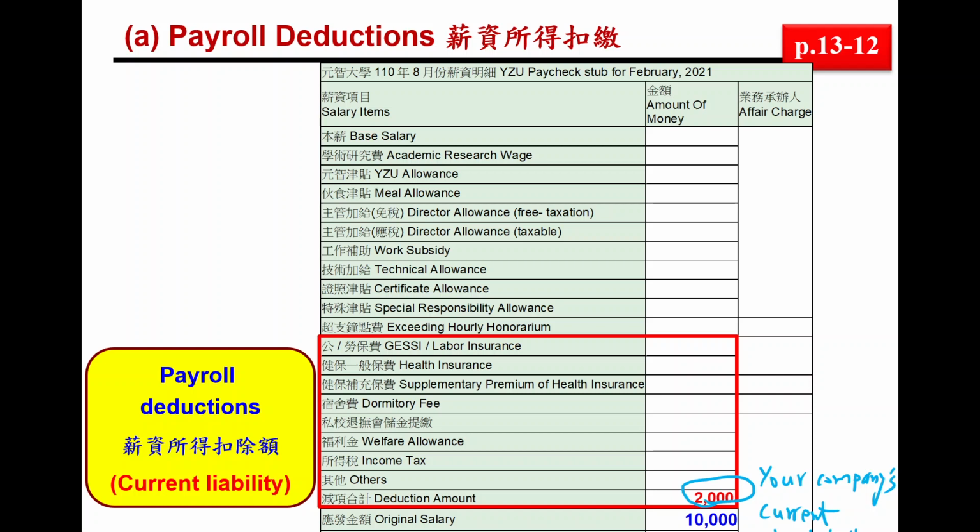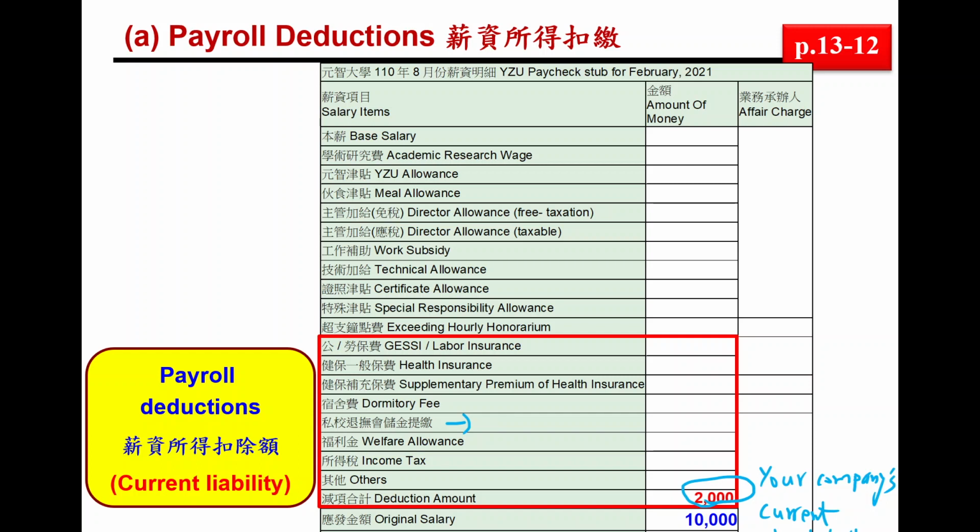So labor insurance, health insurance, and also to whom? 失效退抚基金提缴 is for the retirement fund. In the future, I'm going to retire, right? So I need some money for my retired life. So maybe I want to deposit some money for my retirement. So this is to pay the money for what? For investment.